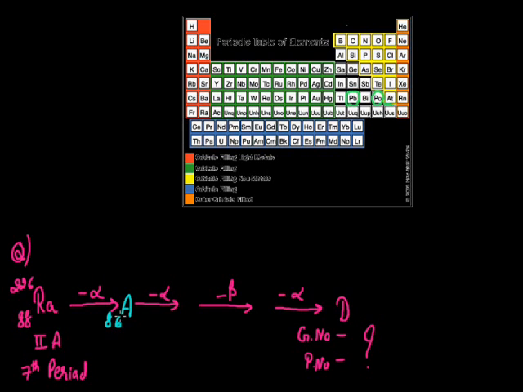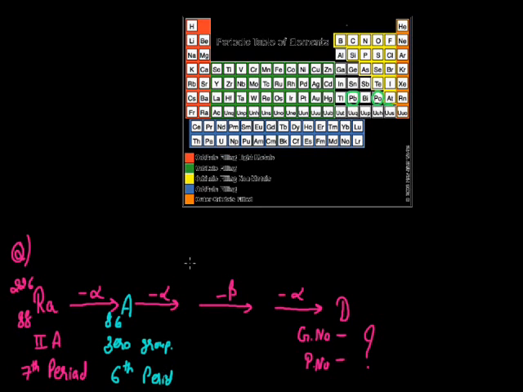Since it is 2 points less as compared to the atomic number of radium, the position of this element will be 2 positions leftwards in the periodic table. It was placed in second A group, so when we move 2 positions leftward, it will be placed in 0 group. Or we can say that the group number is 18th here, and the period will be 6th period.